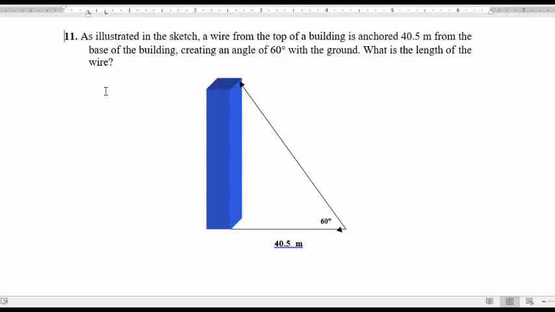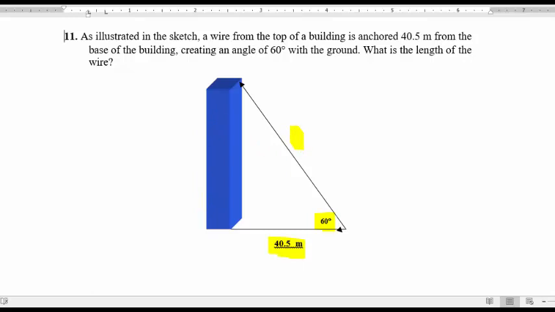So we'll first look at it just like we're using the calculator. So we know that this angle down here is 60 degrees. This side adjacent is 40.5 meters, and we're trying to find the length of the wire. That's interesting. I thought they were going to ask you for the height of the building. They're asking us for the length of the wire, which is this. That's the unknown.